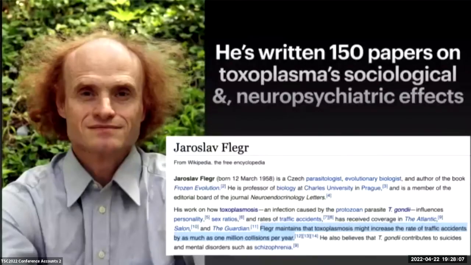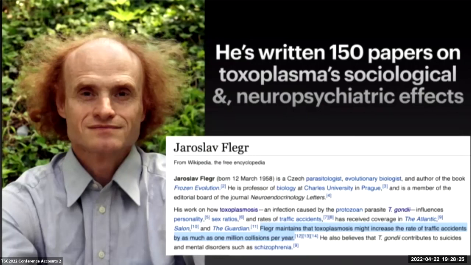This is Jaroslav Flegr. I met him in Prague at Charles University last year, and he sat me down. He's the world expert in the sociological and neuropsychiatric effects of toxoplasma latent infection.